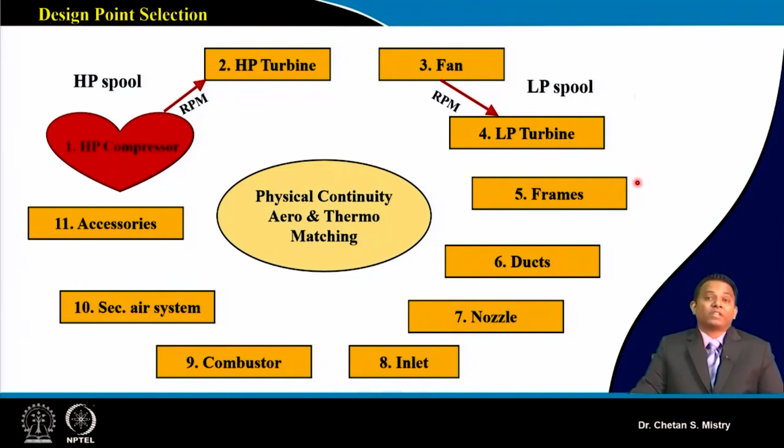We also need ducting. The LP spool and HP spool are connected at different diameters, where we want frictional losses to be lower and flow uniformity at the entry of the HP compressor. Under that condition, the ducting design comes into the picture, especially for the compressor.